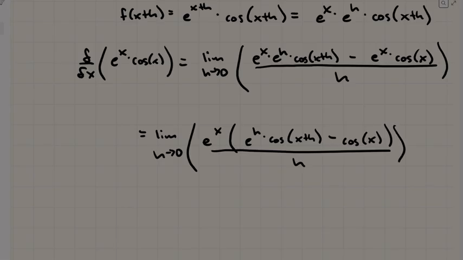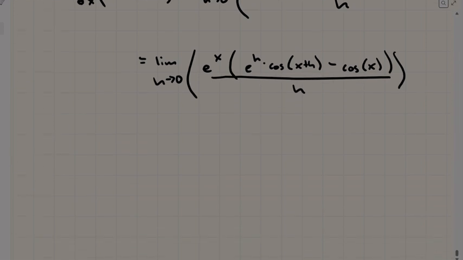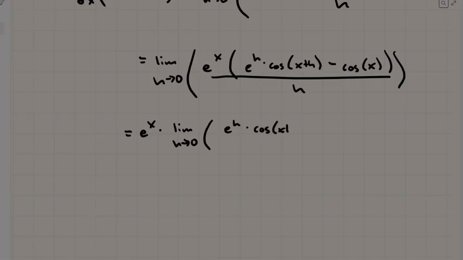All right, so now that we pulled out that e to the x, we can actually pull it out from the entire limit expression. So that'd be e to the x times, now the limit as h approaches 0 of e to the h times cosine of x plus h minus cosine of x over h.